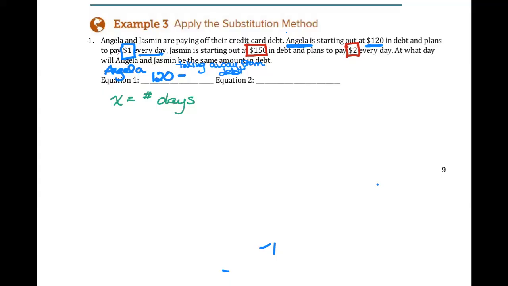So how might I represent $1 every day? 1x, because it's $1, and for how many days we don't know, but we know it's X number of days. Now this looks a lot like an equation, but I don't have the equal sign in there. She started at 120, pays $1 every day. That's taking away from the debt. What else could I put in there to make it an equation? Okay, where should I put it?